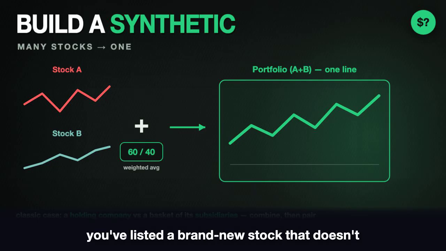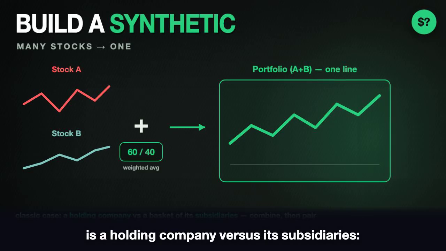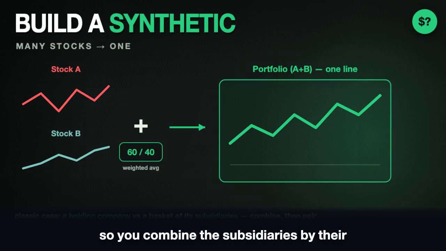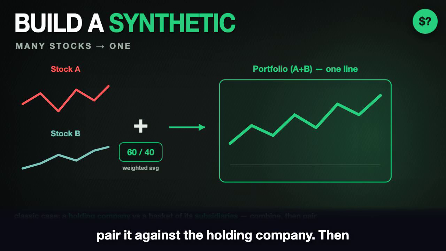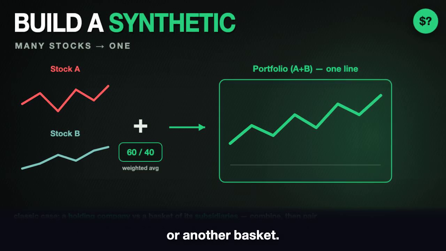In effect, you've listed a brand new stock that doesn't exist on the exchange. The classic case is a holding company versus its subsidiaries. One holding company has several listed subsidiaries, so you combine the subsidiaries by their ownership weights into one synthetic name and pair it against the holding company. Then you trade that synthetic against another name or another basket.